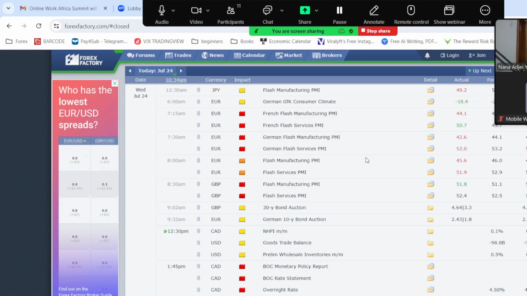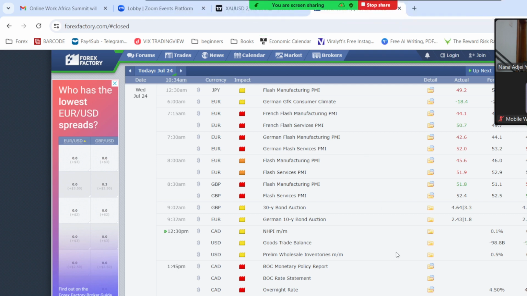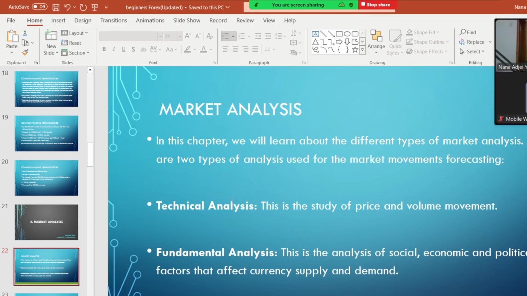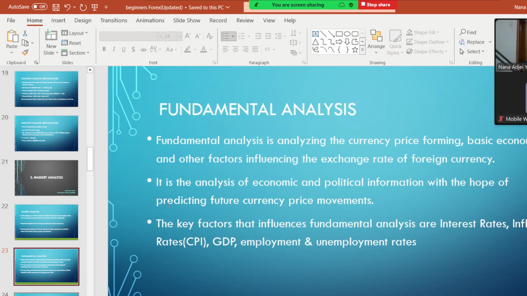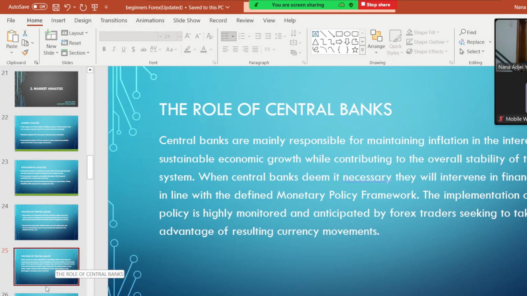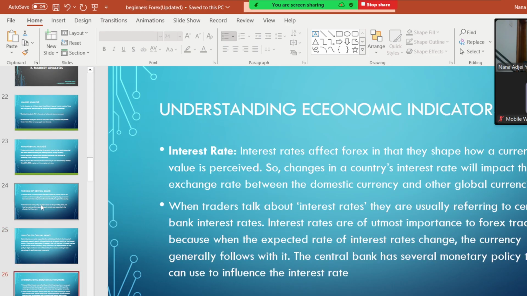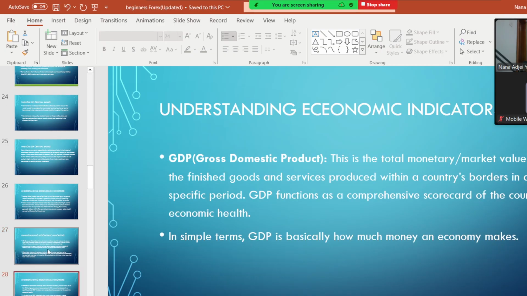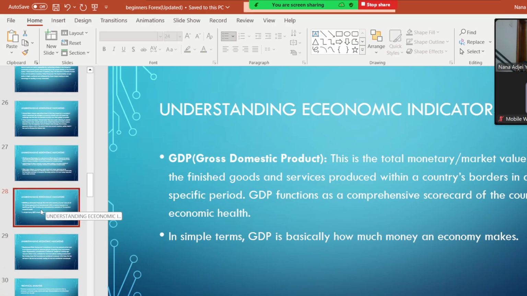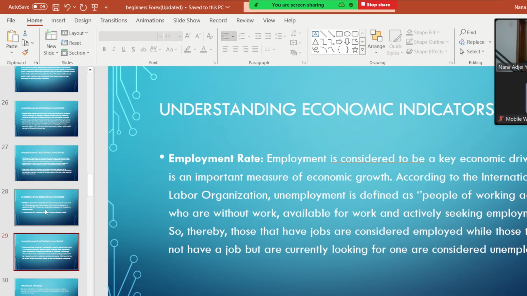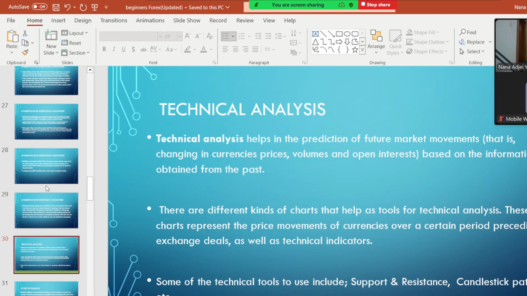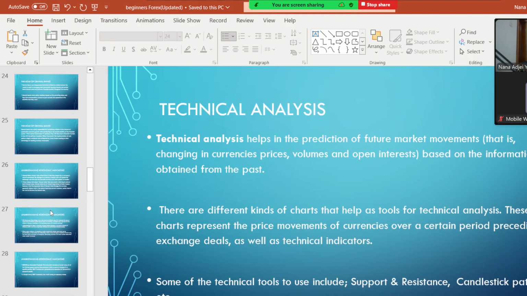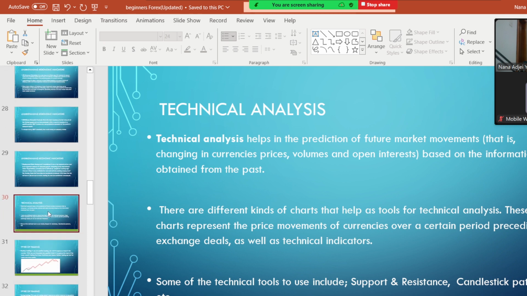But my main focus for today is technical analysis, so I'm going to skip the fundamental stuff for now because of time. So we have interest rate, we have CPI, the consumer price index, we have the GDP, how they basically affect the various currencies, and then employment and unemployment rate. You can actually research more into fundamental data and how they actually affect the market.